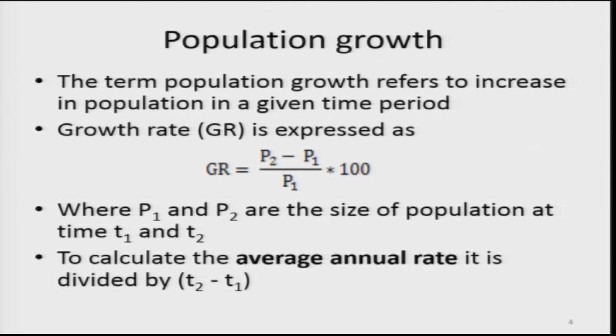Here I have written that P1 and P2 are the size of population at time T1 and T2. And this gives you at what percentage population has changed between T1 and T2. If you want to convert this into average annual rate of growth of population, as population growth rate is often expressed, then it has to be divided by T2 minus T1.